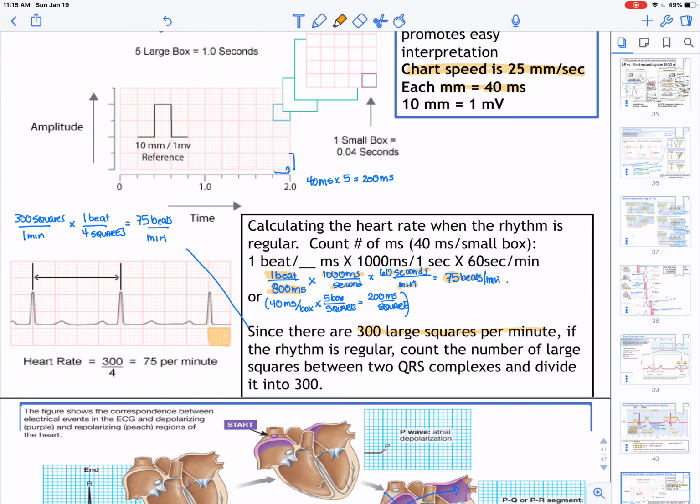If the rhythm is regular, you can count the number of large squares between 2 QRS complexes, and I'll show you how I did that, and then divide into 300. So 300 squares per 1 minute. And in this case, there are 1, 2, 3, 4 squares per 1 beat, and I can easily see that's 75 beats per minute.